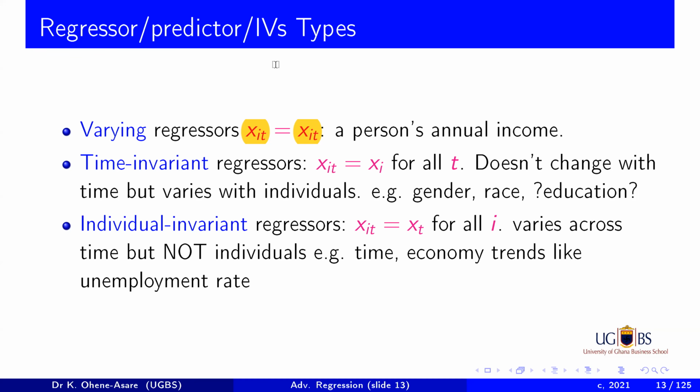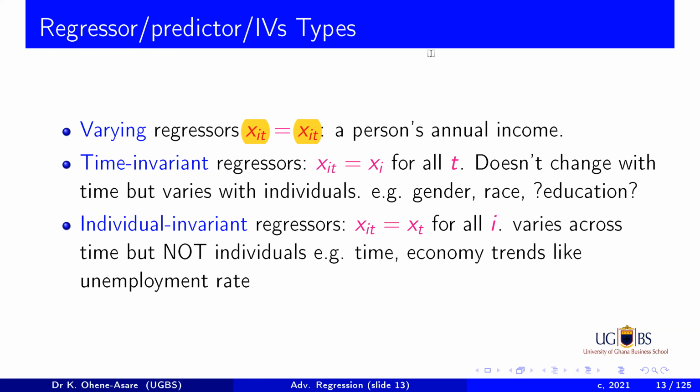The varying regressor is basically regressors that change across time. Not only across time, but what? It changes across time and across individuals. It's both across time and across individuals. So note that. That is why you see the IT attached to them. A varying regressor, a changing regressor.